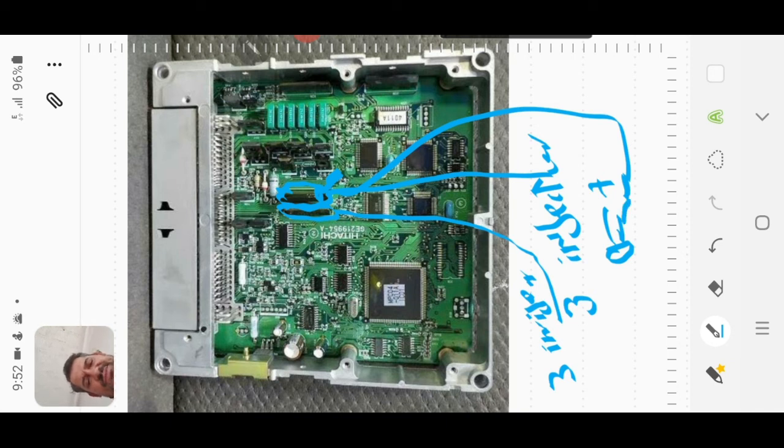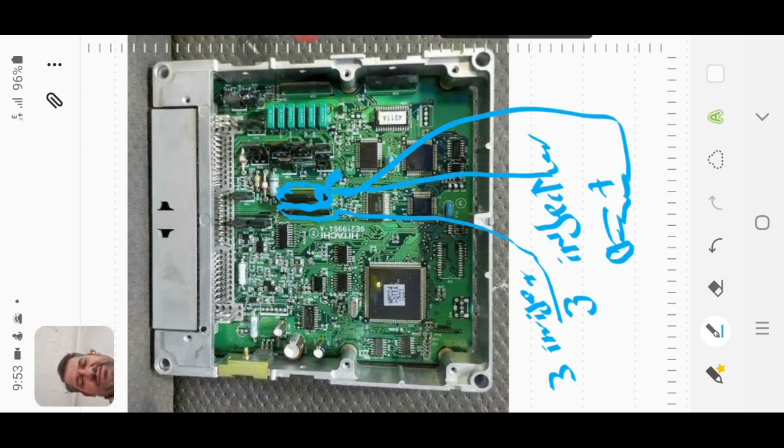Every ECU is the same. You trace the wire. If the wire is good, not shorted, simply change this chip, whichever injector is not working. 3 injectors this chip, 3 injectors this chip.